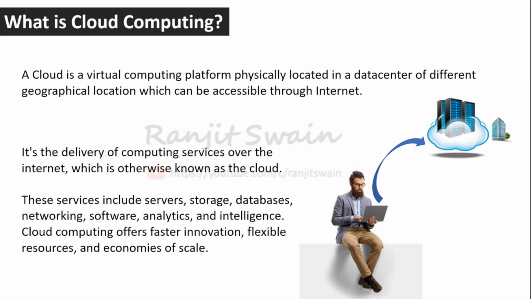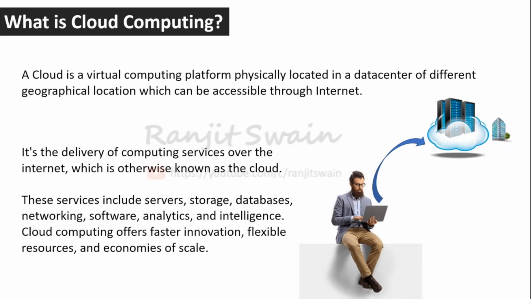Exactly. Physical is what you can feel, touch and see, right? Virtual things you cannot see or even touch, which you can use virtually using the internet, and that will be located in some different geographical location. That is what is explained here.